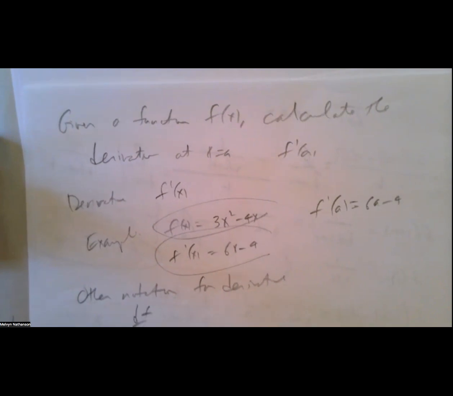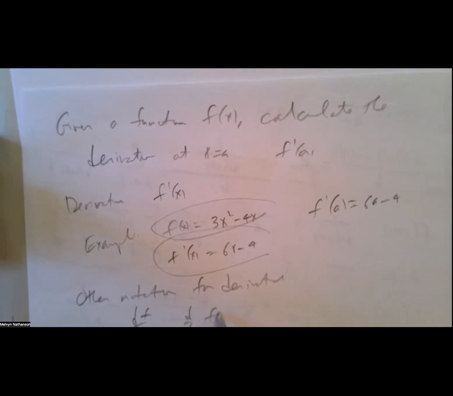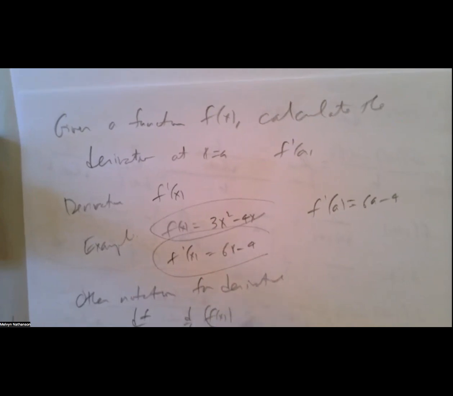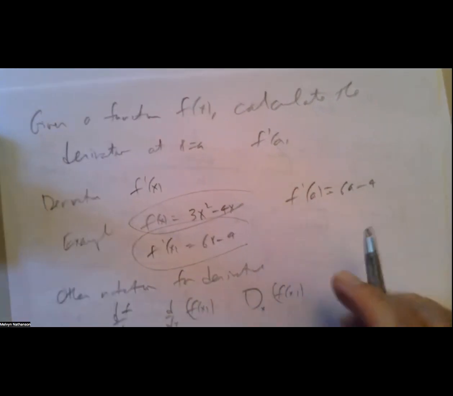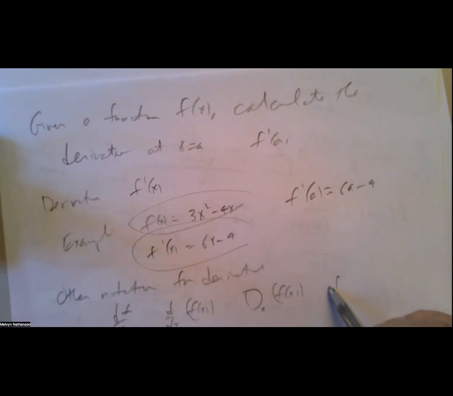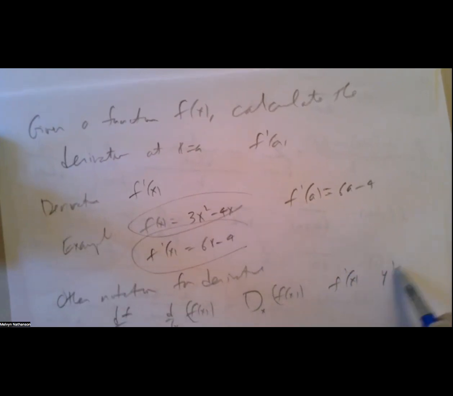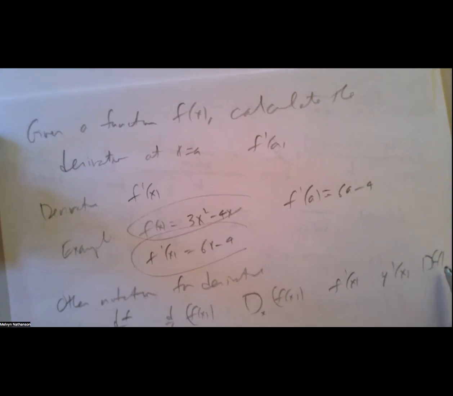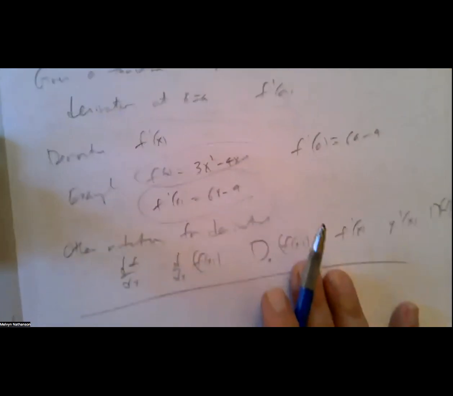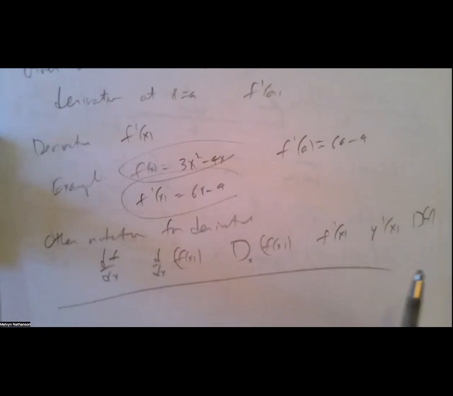So you have df dx, or the derivative with respect to x of f of x, or capital D sub x of f of x, or sometimes just f prime of x, or y prime of x, or d of f, right? So all of these mean exactly the same thing. They're just different notations for a derivative.